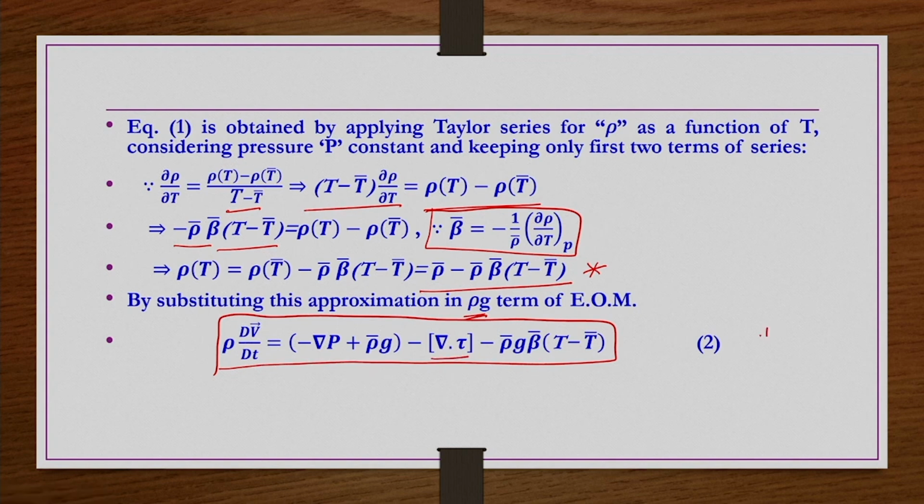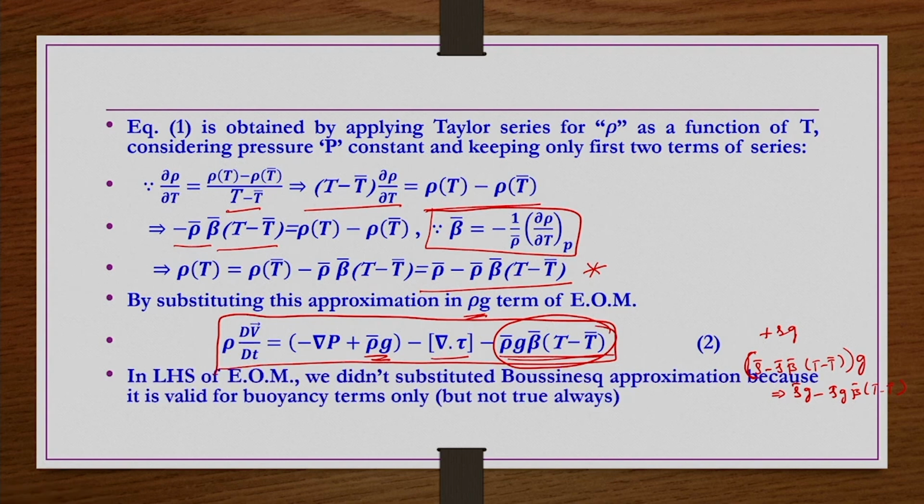In place of rho g, we now write rho bar minus rho bar beta bar (T minus T bar), and this entire thing is multiplied by g. Whatever rho bar g is there is combined with the pressure term, and the remaining minus rho bar g beta bar (T minus T bar) is written as an additional term. This term is the buoyant term.